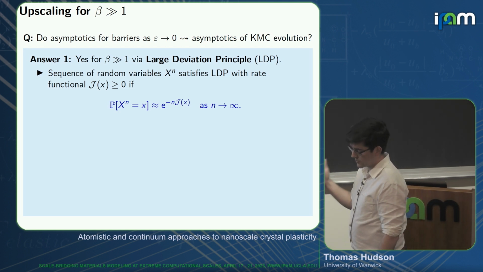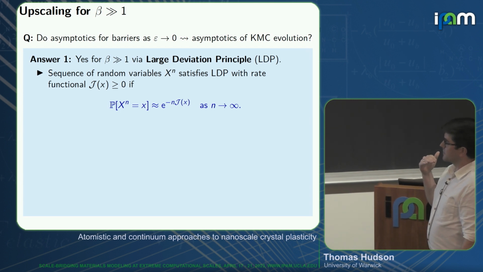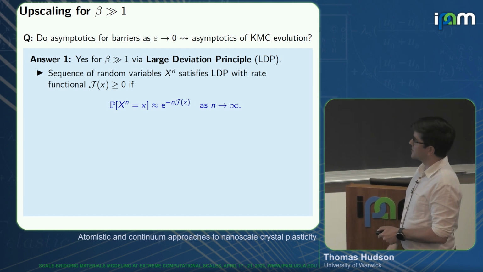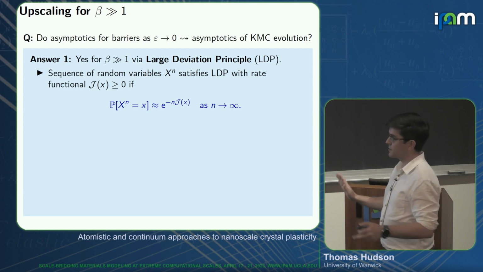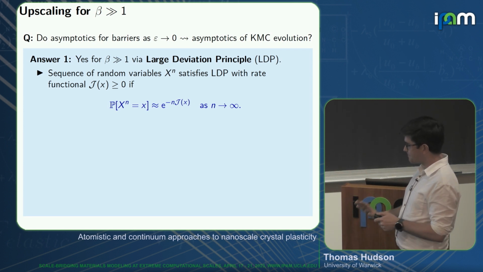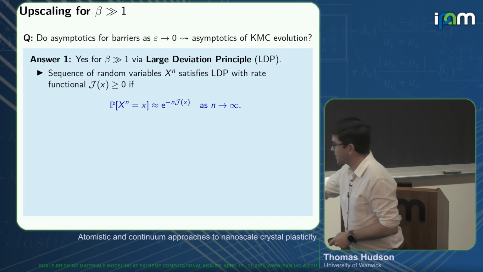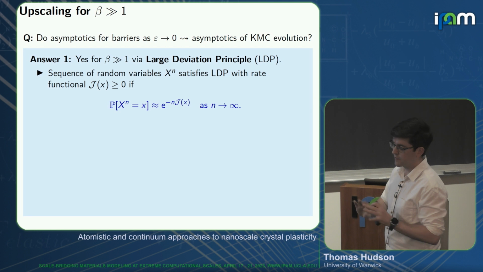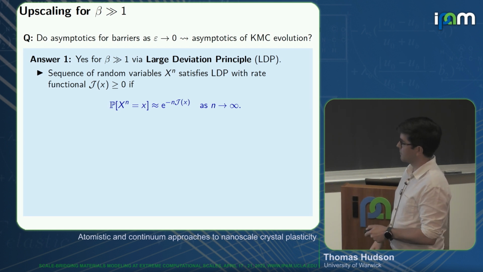A large deviation principle holds whenever you have a random process that satisfies something like the following. Suppose I have random variables x_n, and by random variables I mean it could really be random trajectories of some dynamical system. Such trajectories satisfy a large deviation principle if, in some asymptotic limit where I pass n to infinity, n should really just be thought of as a sequence of these random variables, then the following holds.